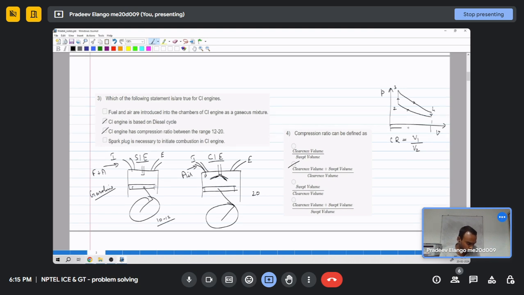V1 is this full volume, and V2 is the volume at the end of the compression stroke, that is at TDC. So at TDC we will have only clearance volume, and at state 1 we will have clearance volume plus swept volume. So this is swept volume and this is clearance volume.